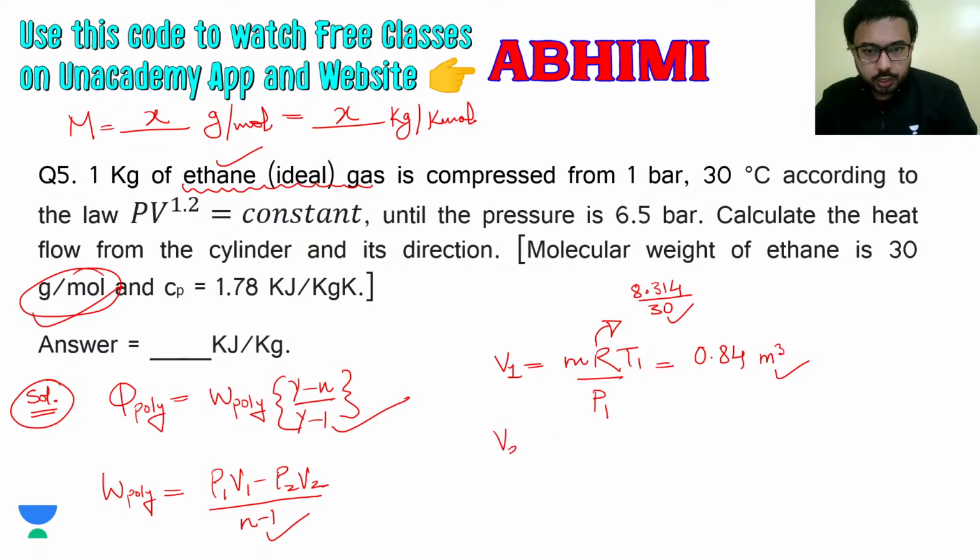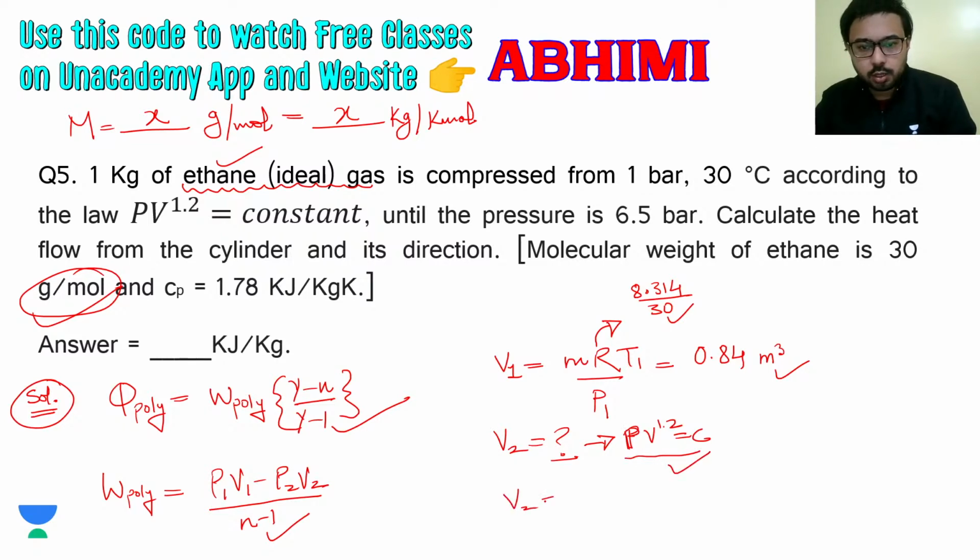And now we can calculate V2 by using the law that PV raised to the power 1.2 is equal to constant. So this law will give us this V2.